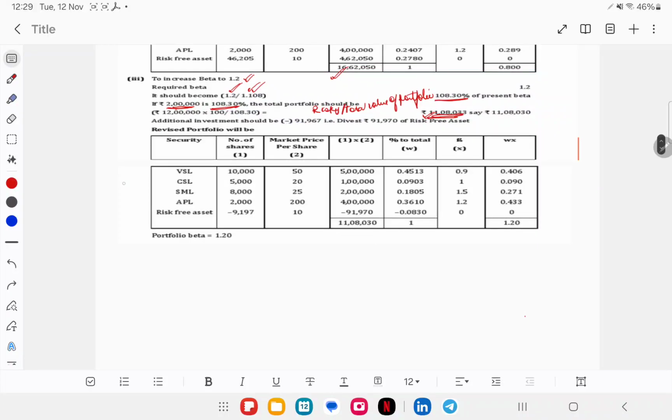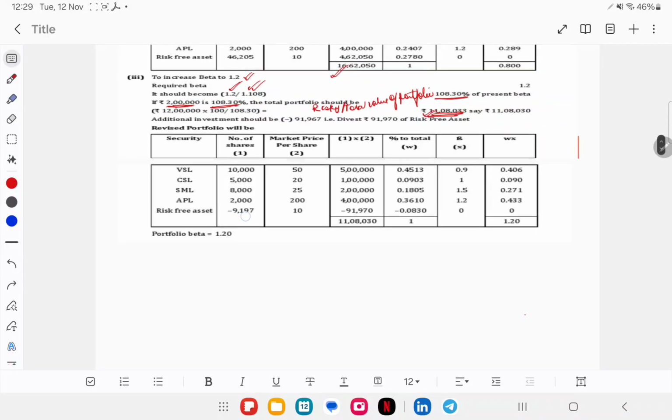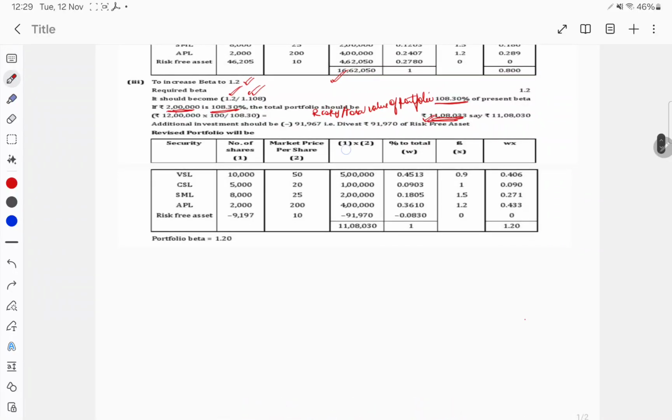For proving it, you take the risk free amount as negative only, and apply a similar process: number of shares into market price gives the market value, and then you calculate its weight. The beta value for risk free you take as 0, and all these are given in the question.